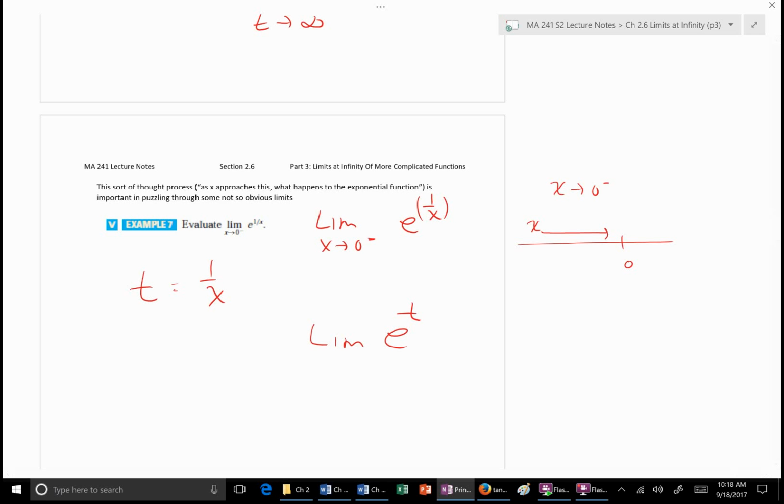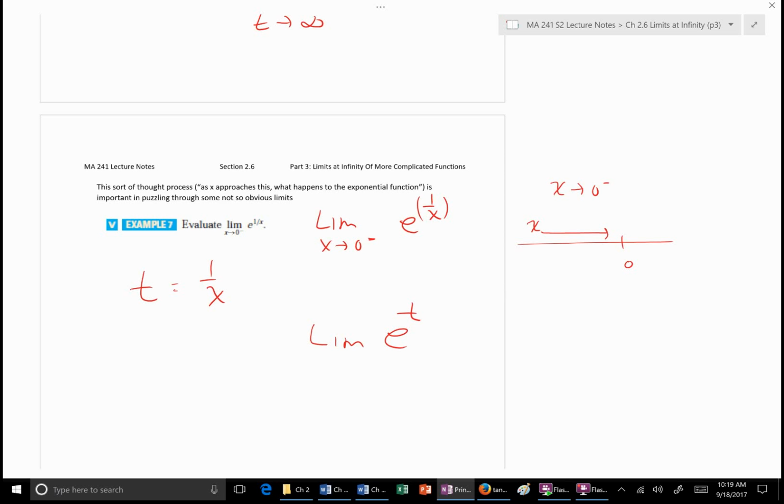But what's the limit going to be now? What is t going to approach? As x is approaching 0 from below, what's happening to 1 over x? It's getting really small, right? So 1 over x is doing what? Blowing up.